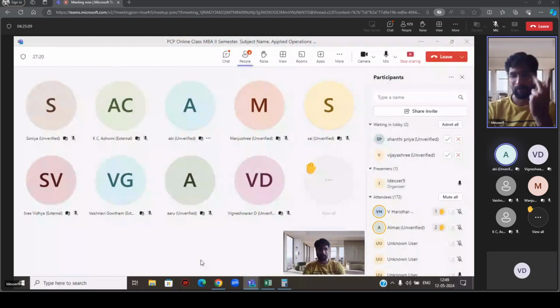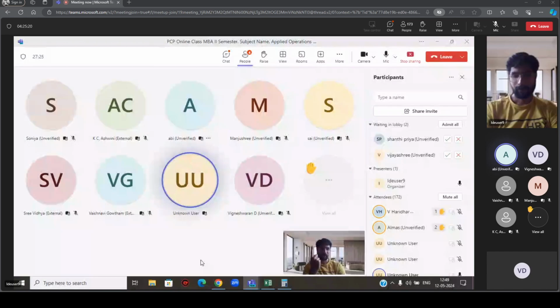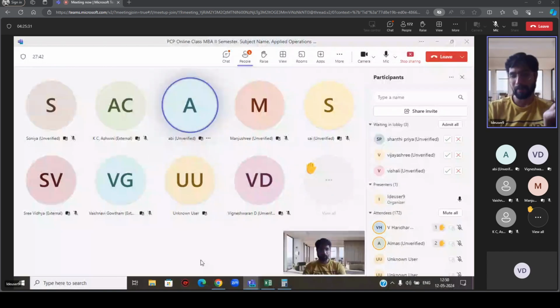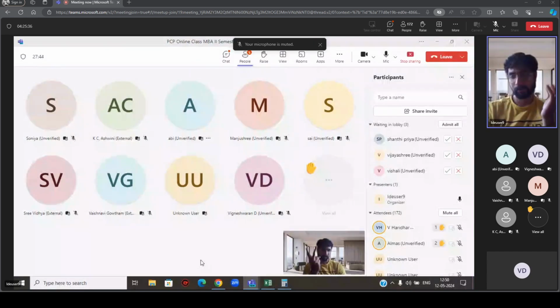Four methods I'm telling. Northwest corner rule, Vogel's approximation method, and the least cost method. And for all this, if you want to do the optimization, there is something called the modified distribution method. So these three methods, northwest, Vogel's approximation and least cost method, are basically to find the IBFS, initial basic feasible solution, and to check whether that feasible solution is really optimal or not, you're going to use the modified distribution method or MODI method.